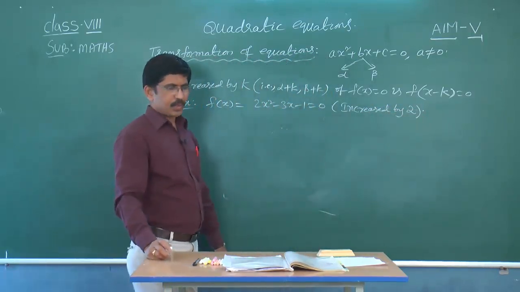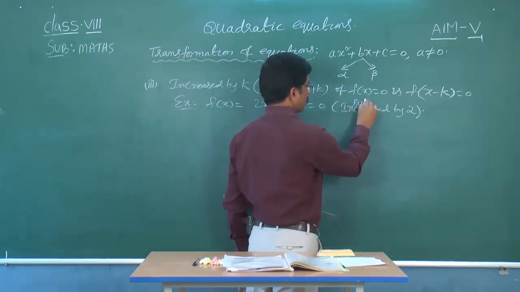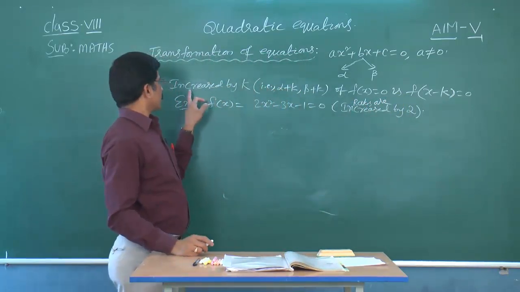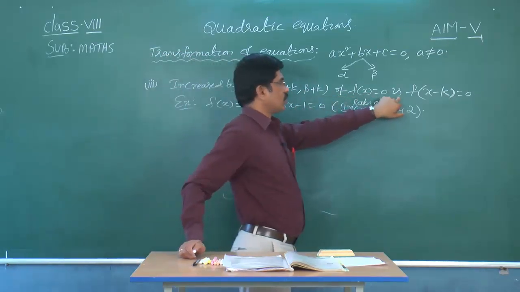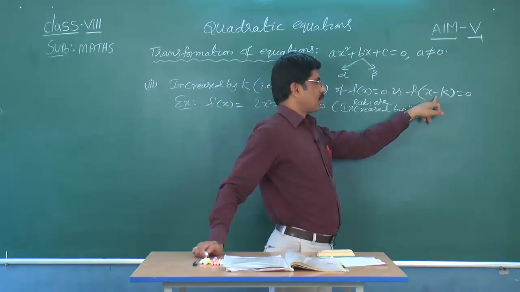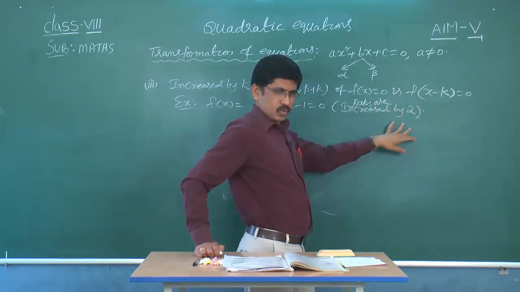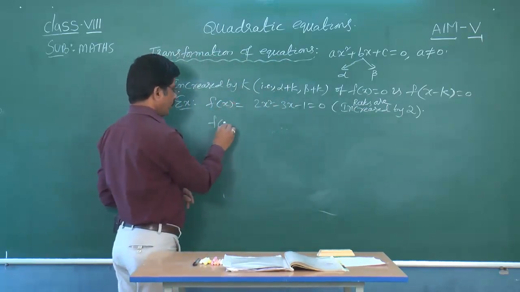Roots are increased by 2. Increased by k, that is alpha plus k, beta plus k of f of x is equal to 0, is f of x minus k is equal to 0. Increased by k, we take minus k. Increased by 2, we take x minus 2 instead of x: f of x minus 2.